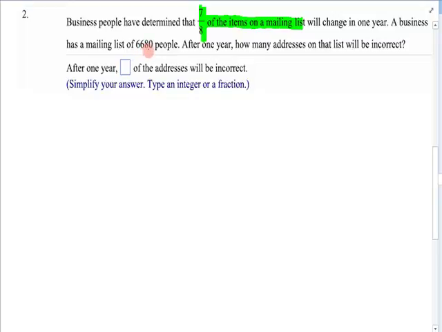They have a list of 6,680. So it is 7/8 of the 6,680. Because "of" can mean multiplication when it's a fraction of, it is 7/8 times 6,680. We know to put whole numbers over 1 when we multiply. I'm looking to bow tie.